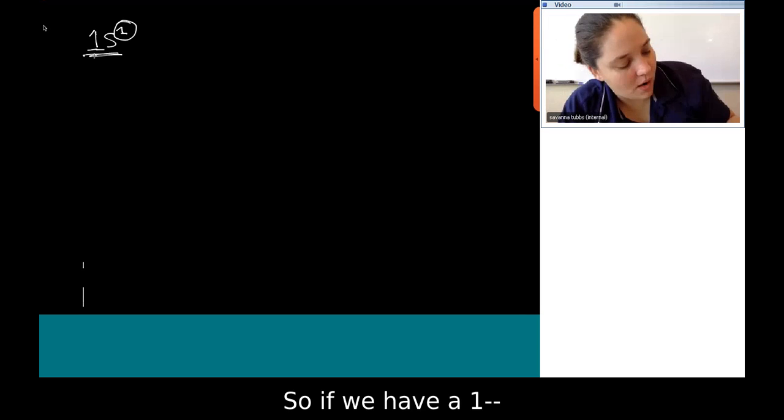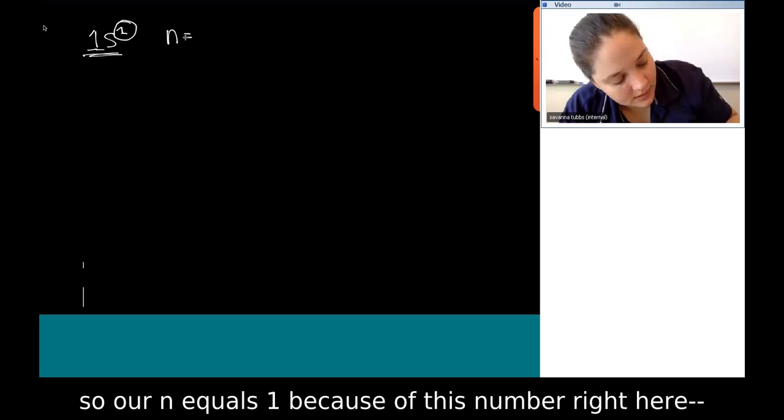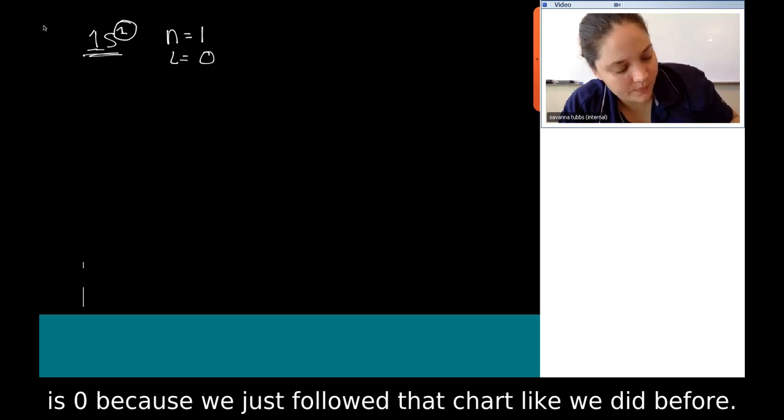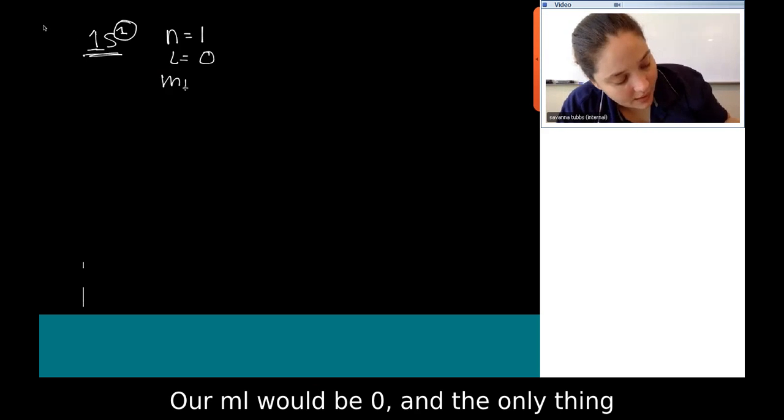So our N equals 1 because of this number right here. Our L, because we have an S, is 0, because we just followed that chart like we did before. Our ML would be 0.